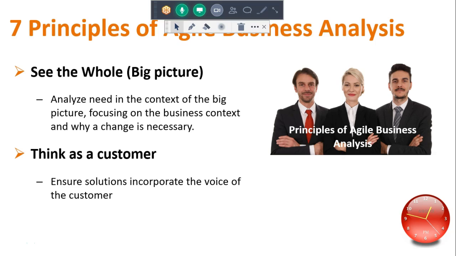Starting from the big picture, in terms of a project, a product is always defined within the context of a bigger picture. So if we're building a tool to help perform a process, the tool may not be all there is to the process, but it's a part of it. And when we're doing business analysis, we need to be aware of that.